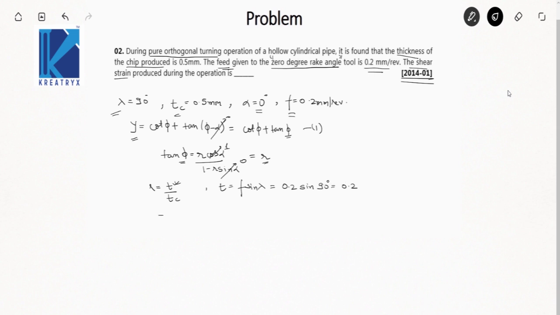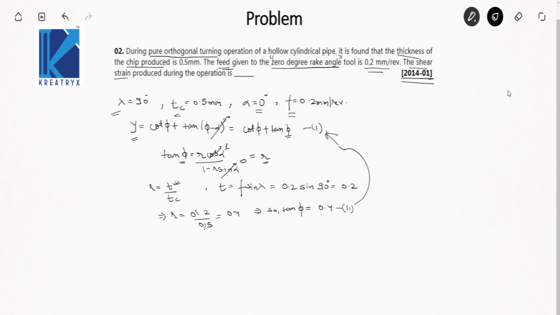So we will get r as 0.2 by 0.5, which on calculation we will get 0.4. So tan phi becomes 0.4. So now we will put the value of tan phi, let it be 2, in equation 1 here.